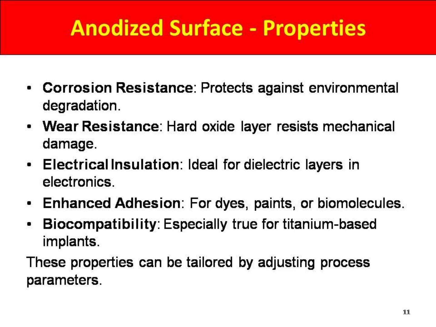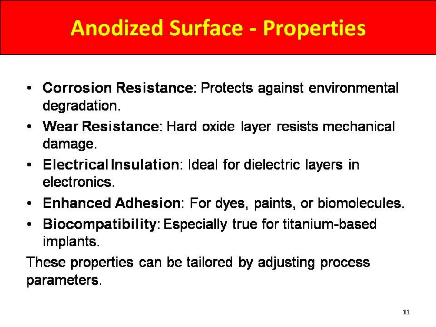So for the anodized surface, I already told you the applications of anodization. It improves the corrosion resistance of the material, so that it protects against environmental degradation. It also increases the wear resistance of the material, because the hard oxide layers resist mechanical damage, and it acts as an electrical insulator, ideal for dielectric layers in electronics.